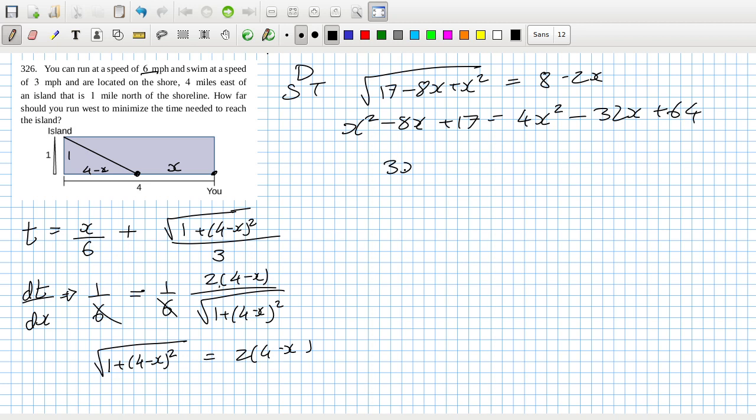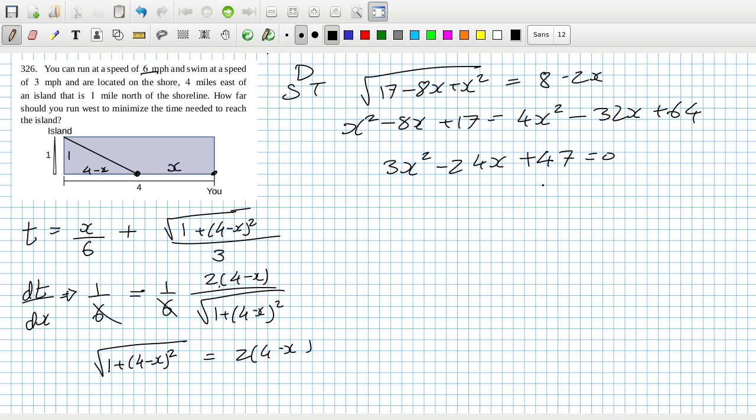So that's 3x squared minus 24x, and then 64 minus 17 plus 47.